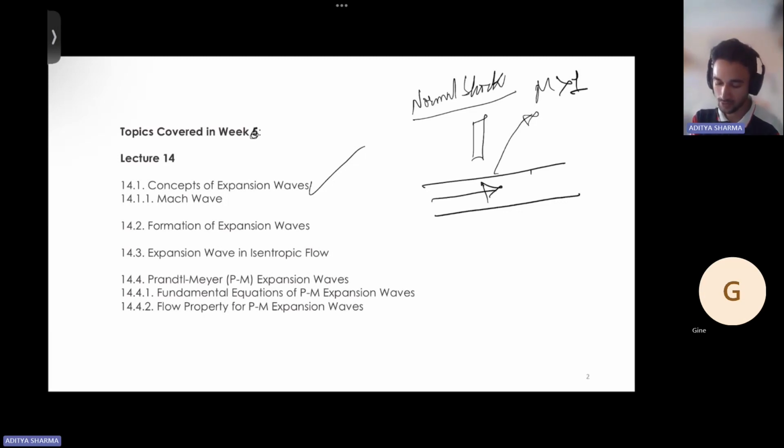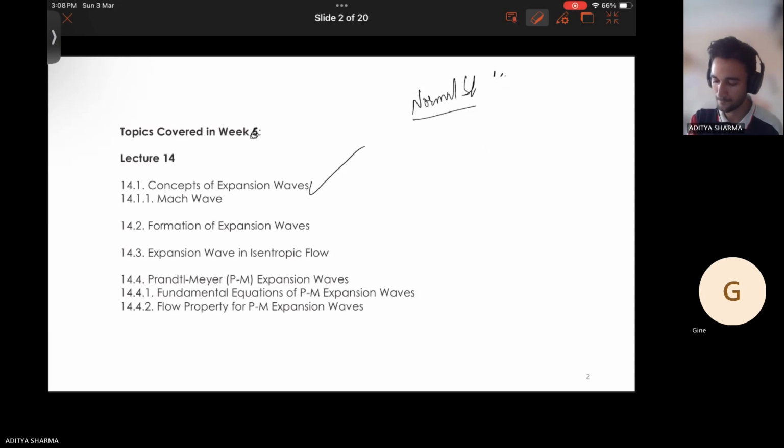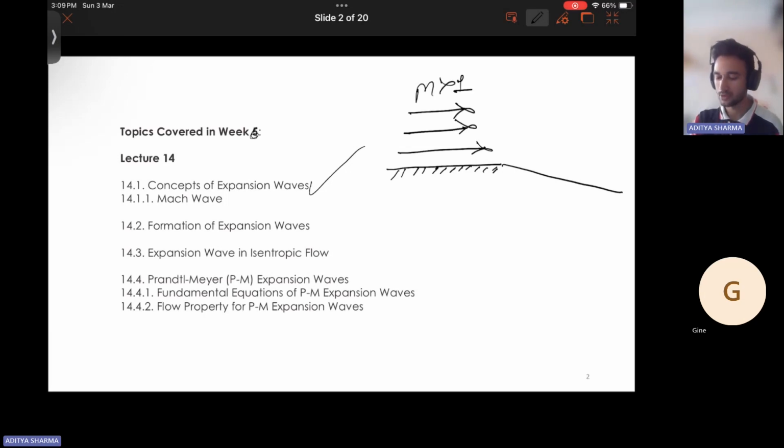But in expansion waves, what is happening is, suppose this is a surface. We are changing the direction of the surface. Suppose the flow is moving in this direction with some Mach greater than 1.